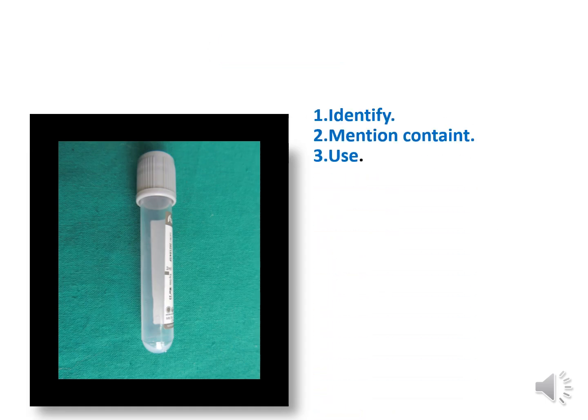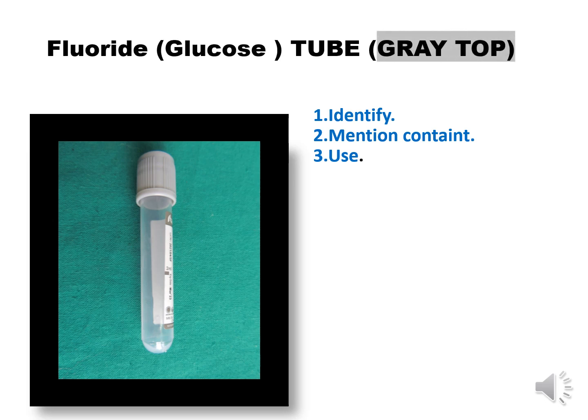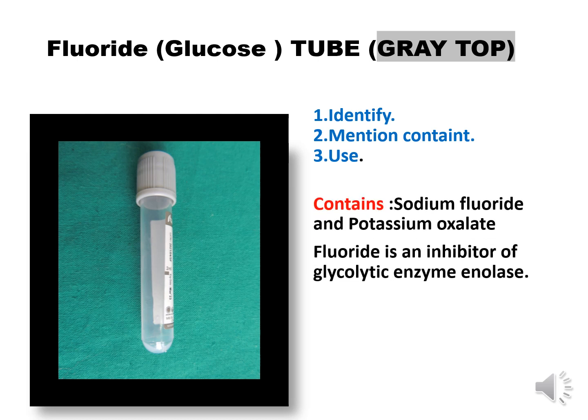Now this is a tube having a gray top, and this is a fluoride tube. The fluoride tube contains sodium fluoride and potassium oxalate. Fluoride inhibits the glycolytic enzyme.